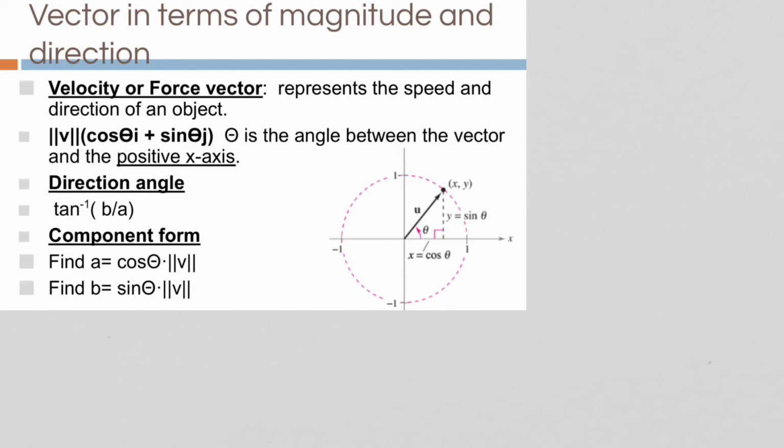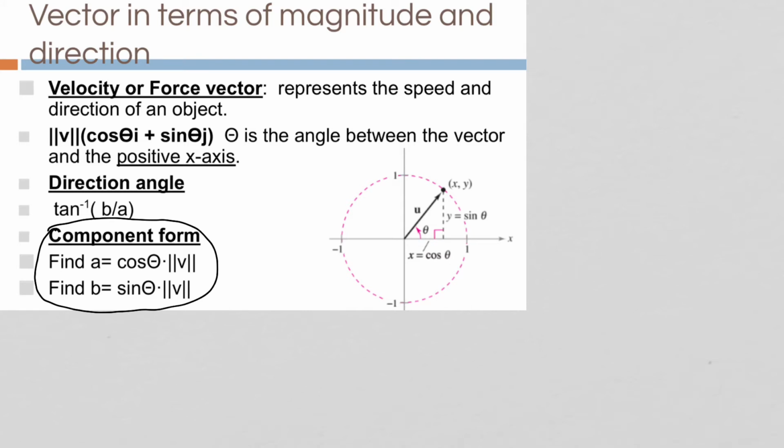To figure out the actual components of vectors, depending on how it's given, we're going to be using this formula right here. We find A by taking the magnitude and multiplying it by the cosine of the angle that it makes. And we find the B part of the component vector by taking the magnitude and multiplying by the sine theta.